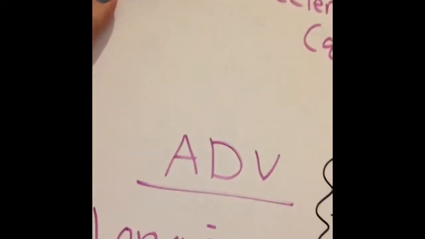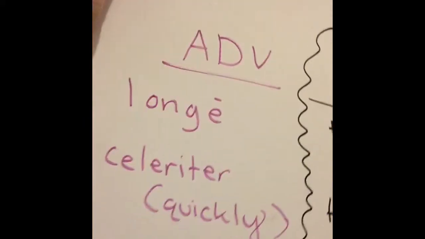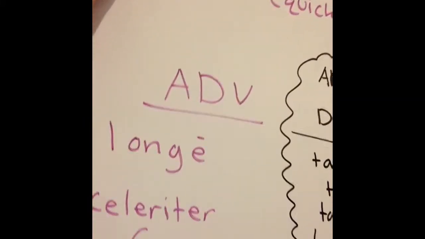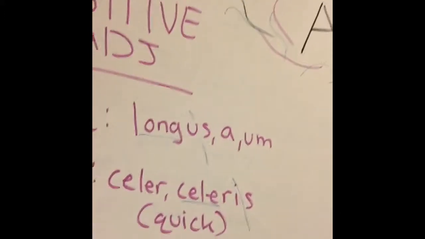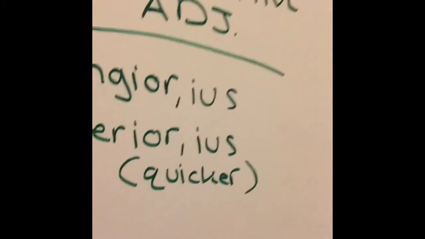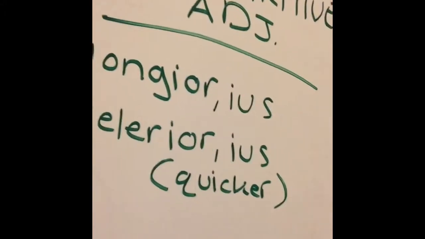So notice whenever it's us, you add the e, longe, but if it's celer, celeris, you add iter, which would be translated quickly, and the adjective is quick. And so that's the positive adjectives and adverbs. Whenever you go to comparative, it's longior, longius, celerior, celerius, and celerior, celerius is translated quicker.